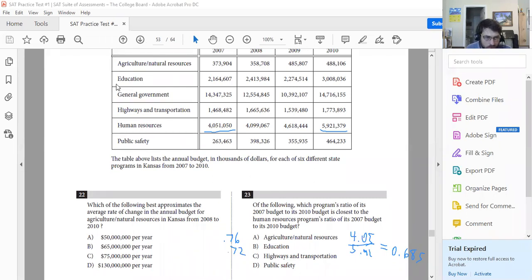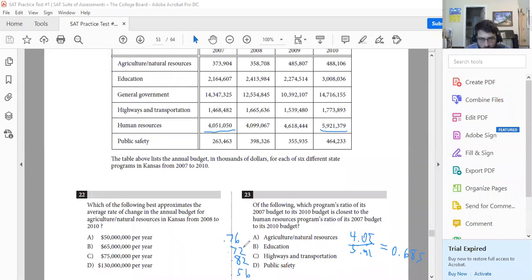Highways and transportation, we got 1.46 divided by 1.77. We got 0.82, that's even worse. Public safety, we got 263 divided by 464. 0.566.